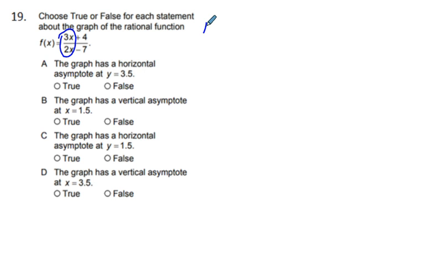So our horizontal asymptote is going to be the equation y equals 3x over 2x, which equals 3 halves, which equals 1.5. So horizontal asymptote y equals 1.5.